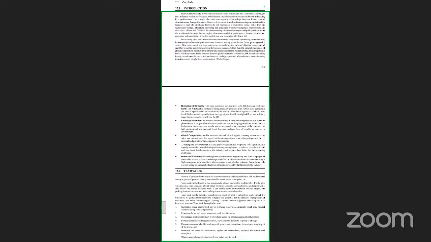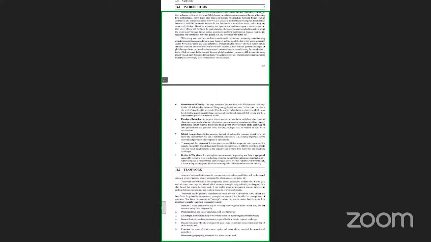Here, manufacturing industry looks for skilled workers, and there is a shortage of people with the right skill sets and abilities. Next is employee retention. An increase in turnover rate in manufacturing industry is a common phenomenon as people often leave to explore new and exciting opportunities.